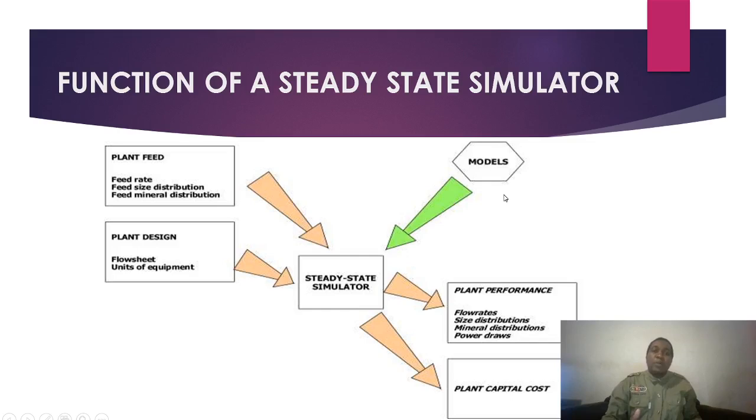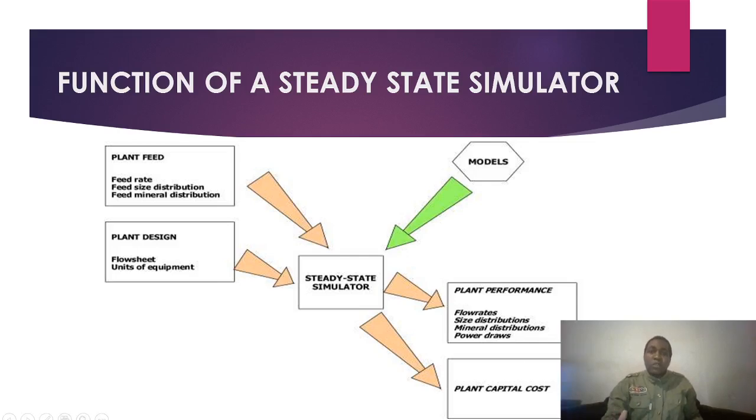I think you remember from our first presentation, when we talked about modeling and simulation, how models are best defined. I think you still remember when we were talking about digital twins. So in a steady state simulator, there are models embedded in that type of simulator, and these models represent pieces or unit operations which are needed for building a flow sheet of the whole process.